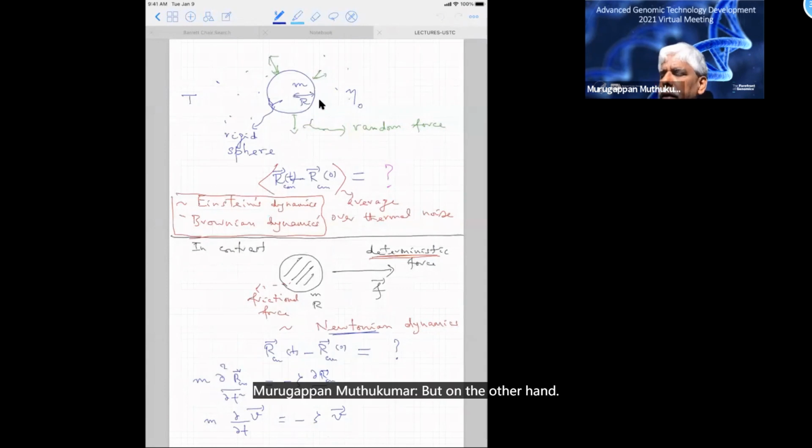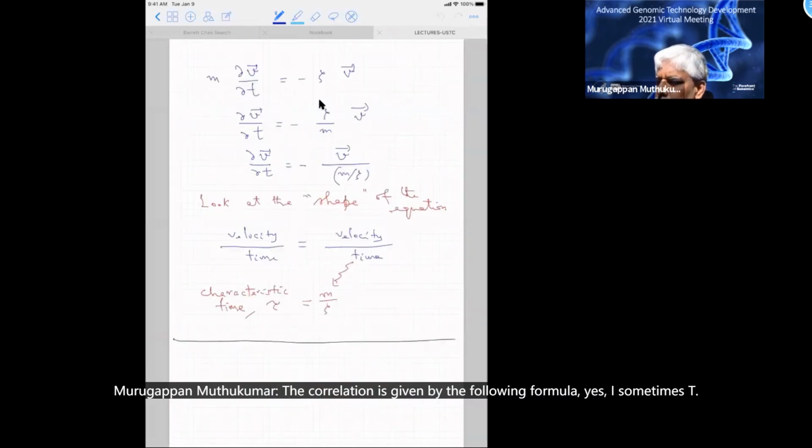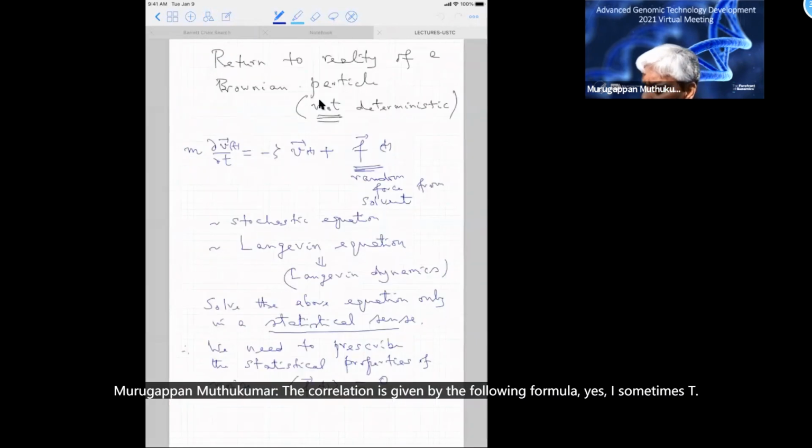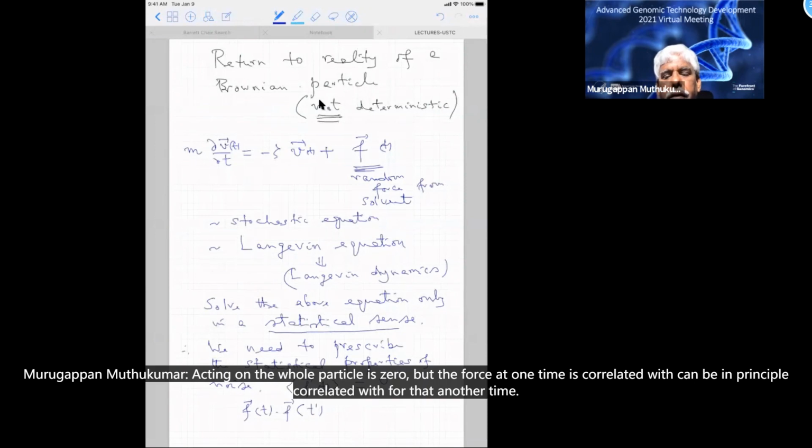But on the other hand, there is a correlation. The correlation is given by the following formula. F at some time t and F at some other time t prime are correlated. Although the average random force acting on the particle is zero, the force at one time can in principle be correlated with the force at another time.